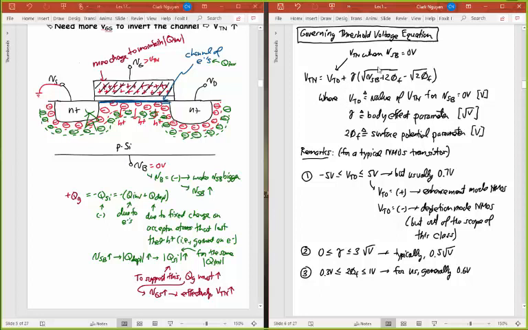The more important thing for what I just talked about is this part of the equation where you can see the dependence on VSB. And that if I increase VSB, that's going to actually increase VTN, at least for this NMOS transistor. And so with this body effect parameter, again, that depends on doping concentrations and other physical parameters.